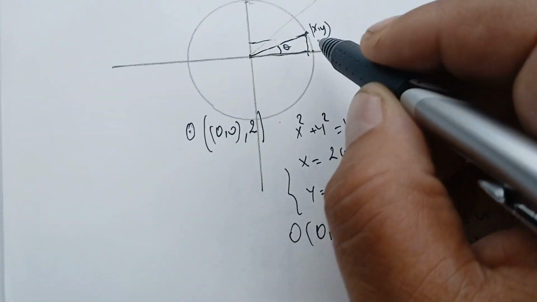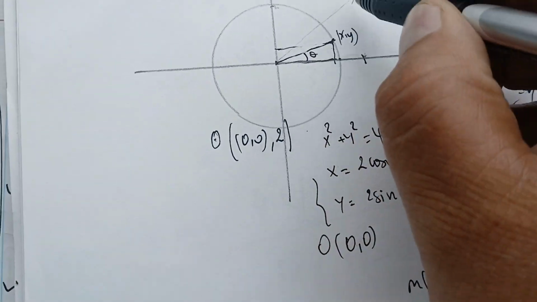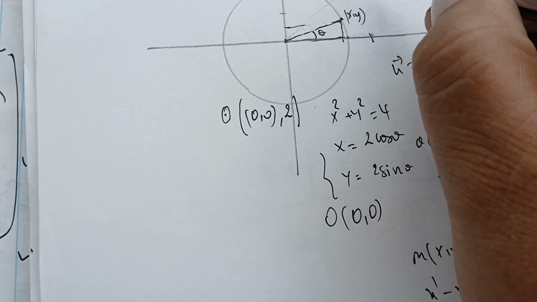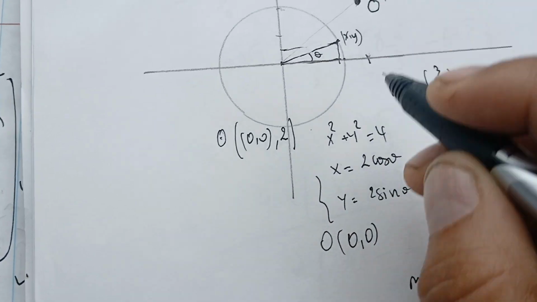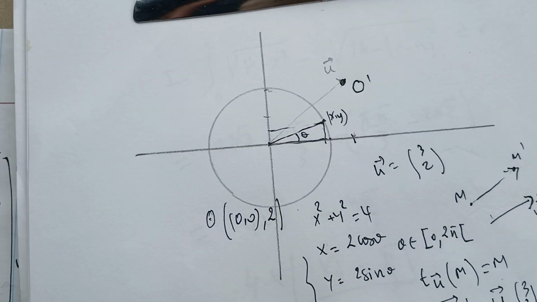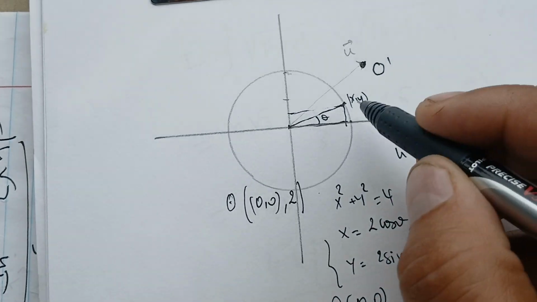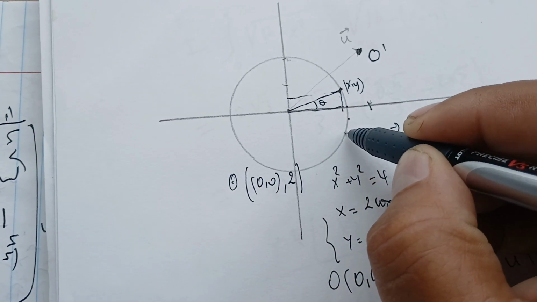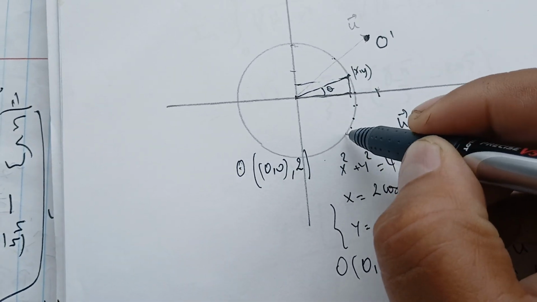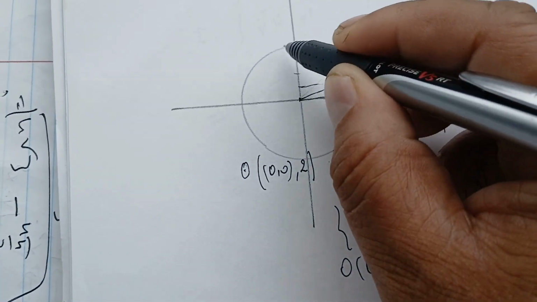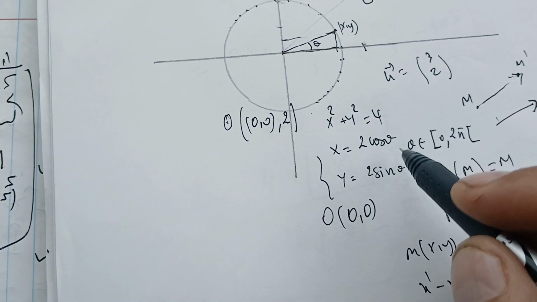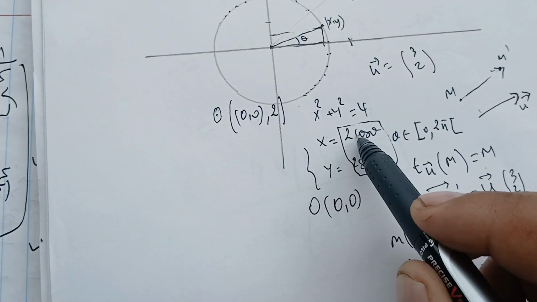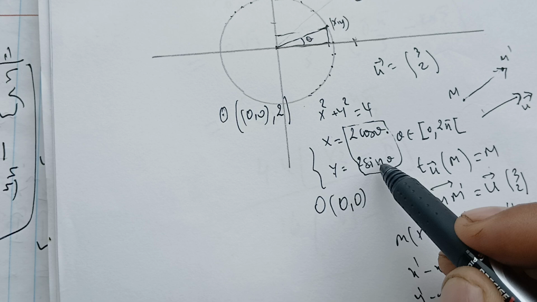So the origin, it's gonna move here, (3, 2), 1, 2 here. So we're gonna call it O prime. Okay, now we will have to find any other points. Okay, but we know these points in the circle can be written as this one. So in this case, x is 2 cosine theta and y is 2 sine theta.